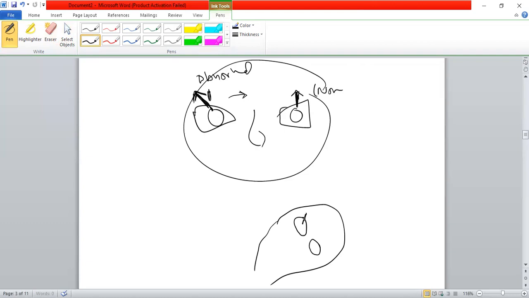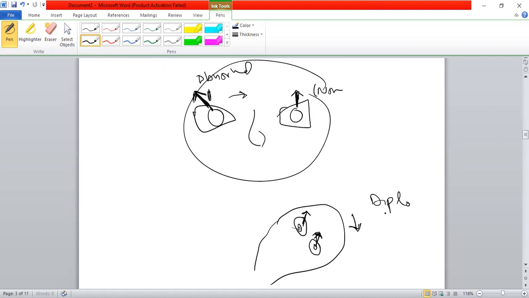Now look, this one remains the same, but this one will accommodate with this one because you have tilted the head. With the tilting of the head, this eye will compensate and it will normally look this side, but this was abnormal. Now both of their vision will be at the same angle, so their diplopia will vanish.